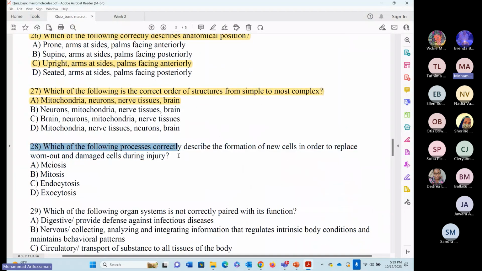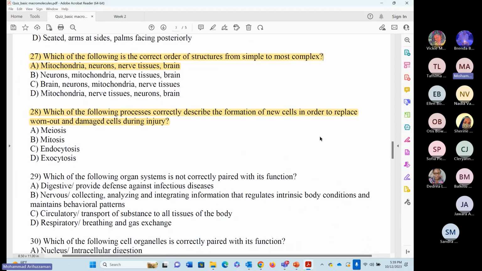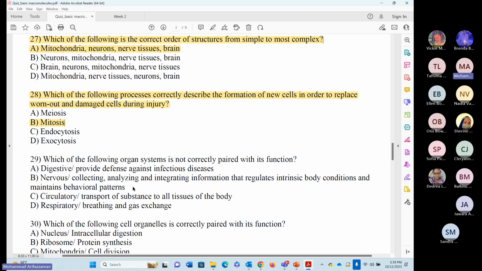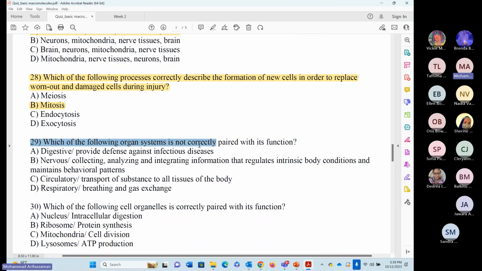Which of the following correctly describes the formation of new cells in order to replace the worn out and damaged cells during injury, that we discussed in week one? Mitosis. Correct. Mitosis is a cell division which is important for growth and development and the repairing process. Good. Which of the following organ systems is not correctly paired with its function?